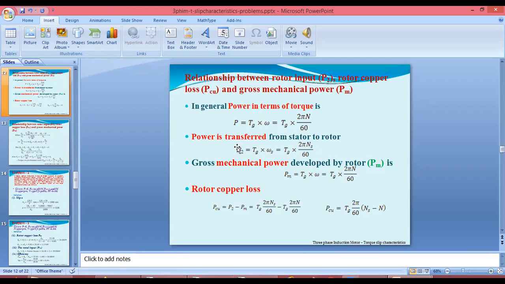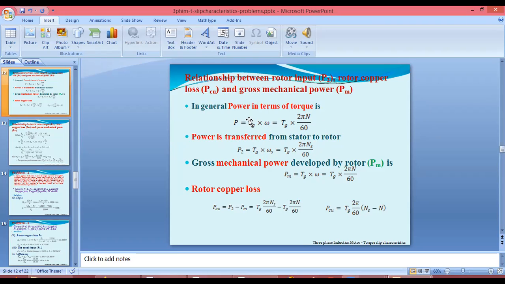How will we get power in the form of torque? Tg into Ws for the stator, where Ws is 2 pi Ns upon 60. Capital N is the speed of the rotor, and Ns is the speed of the stator.